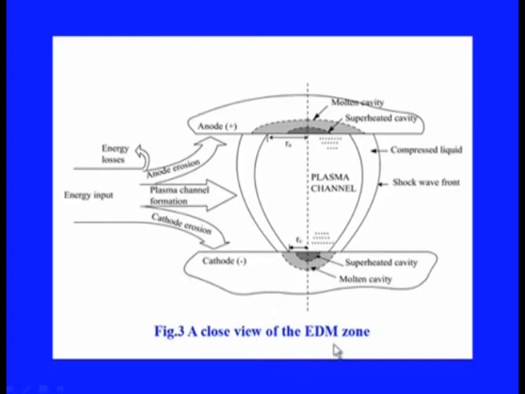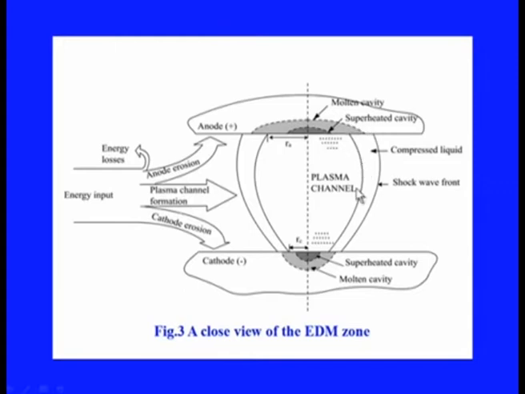This is a close view of the EDM zone, where you can see the energy output that causes anode erosion as well as cathode erosion, and plasma is created in this zone, as can be seen on the screen. The liquid gets compressed in this zone, and because of the evaporation or bubble formation, the shock wave gets created and propagates, which is actually responsible for causing the erosion on the workpiece surface.